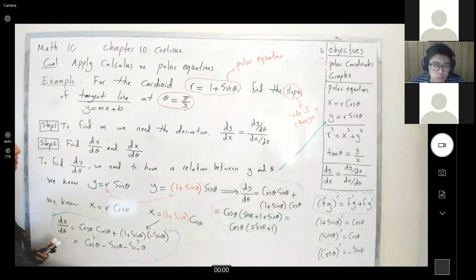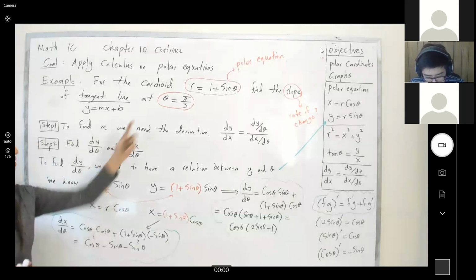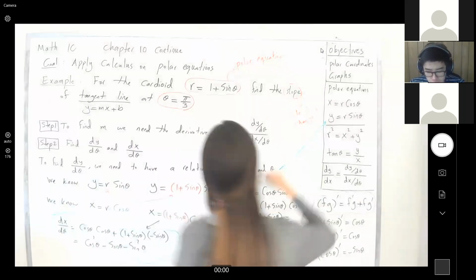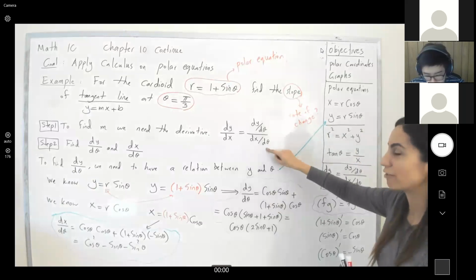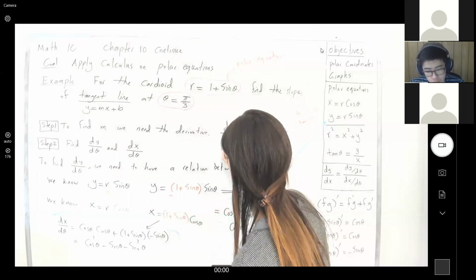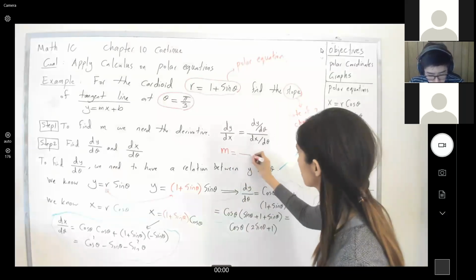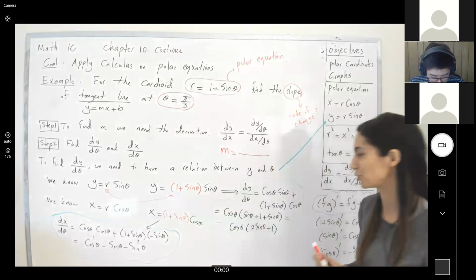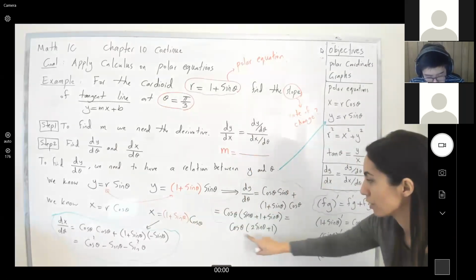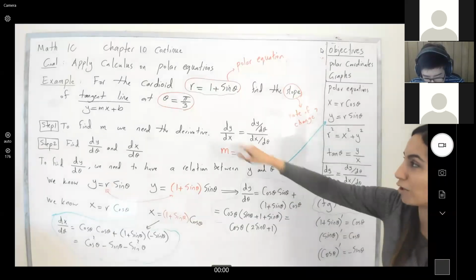Okay, what's next? We are looking for the slope at pi over 3. So I found dy over d theta. I found dx over d theta. Now my slope m is equal to... very well. I need to do substitution. So my dy over dx is this equation here: cosine theta times 2 sine theta plus 1. But theta is pi over 3.